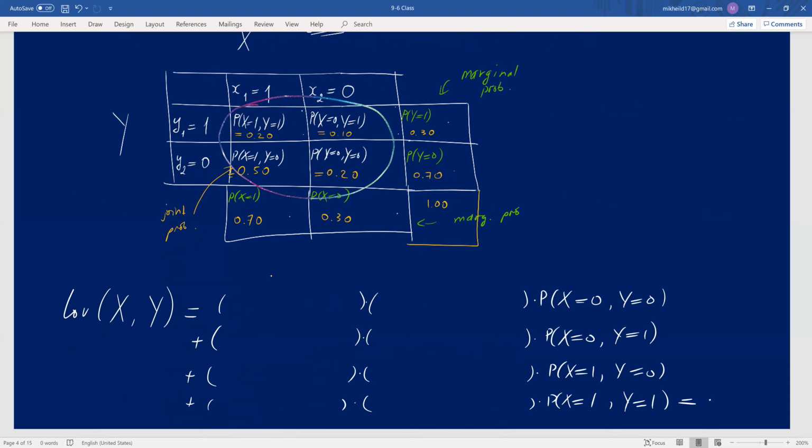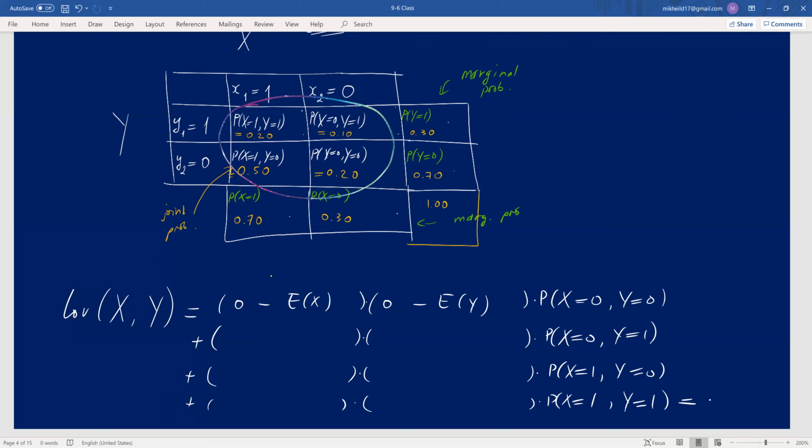I will help you. x1, which is 0, minus expectation of x, 0 minus expectation of x times y equals 0, so 0 minus expectation of y.